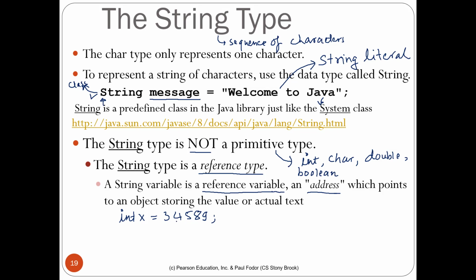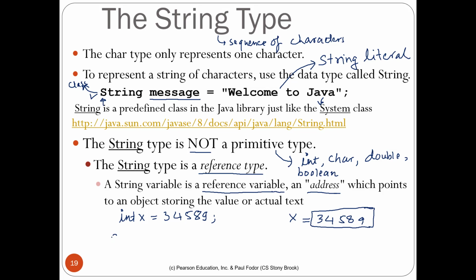These 5 digits are not independent of each other. They are in fact defining one integer value, which is 34,589. So in x, in a memory location which we are calling x, we will store the value 34589.